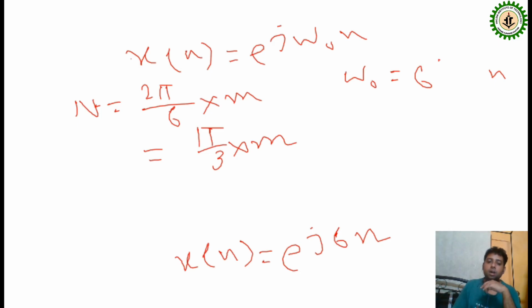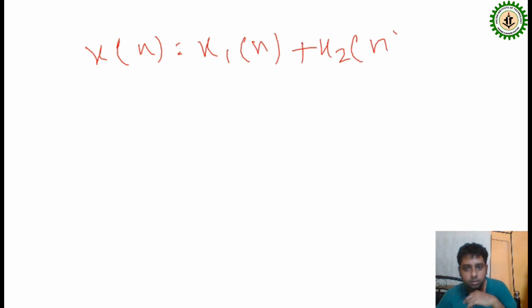Okay, now we will study another numerical, that is the summation of two signals. Now the two signals are there. Suppose x[n] is equal to x1[n] plus x2[n]. Now it has been asked to check whether the signal is periodic or not. If periodic, find the fundamental period.